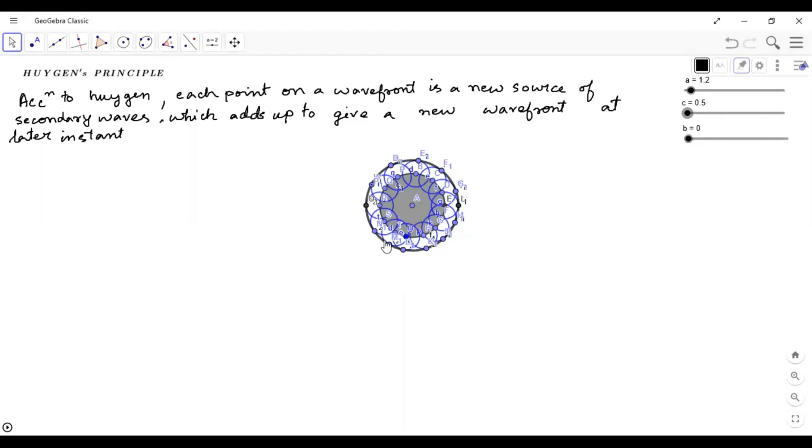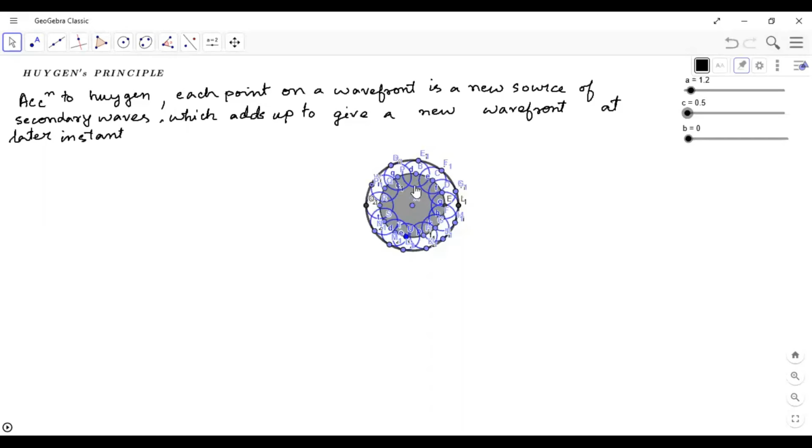Now, if you have observed this diagram, what I have done is taken a tangential surface in the forward direction. This solid black circle which you see is a tangential surface connecting all these secondary waves or wavelets. So this is my new wavefront at a certain later instant.